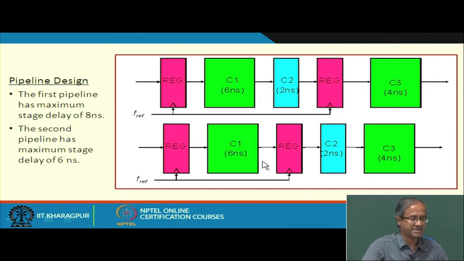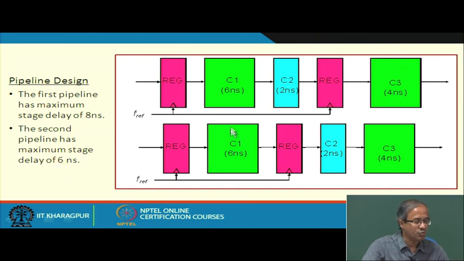Now, what I am saying is that here our objective is not to make the pipeline work faster. Suppose I already had a design like this which was good enough to meet my timing requirement. Now, we are moving around to make it even more efficient. This 8 nanoseconds is good enough for us, but now we have a scenario where you can work with 6 nanoseconds.